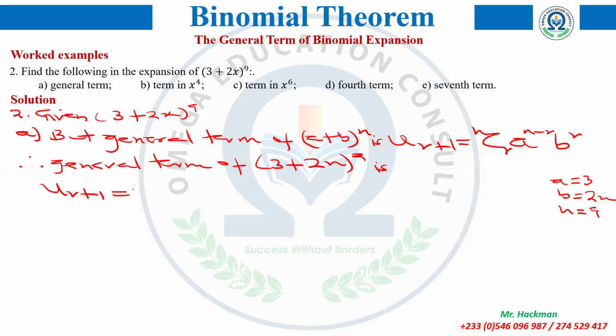All right, so let's go. At this point, we are going to say that U sub r plus 1 will be equal to, we know our n, and that is 9. So 9 combination r. You don't know your r; the r will change from one specific term to another. Then your a, remember you said your a is 3, so you put it in brackets: 3 to what power? 9 minus r.